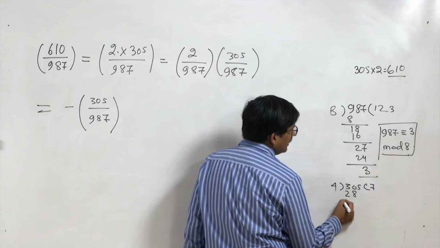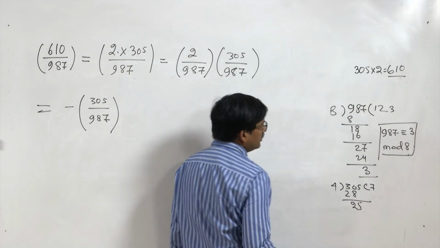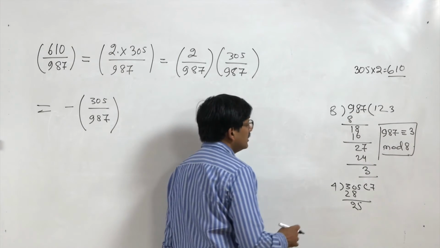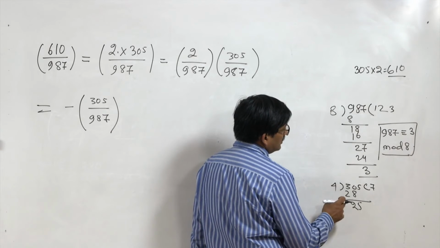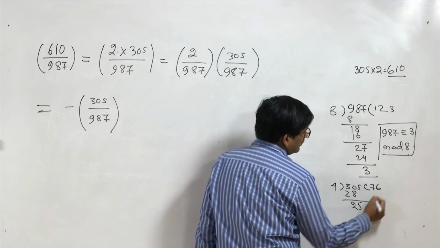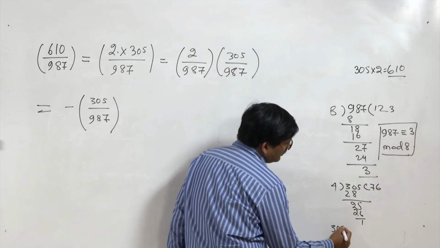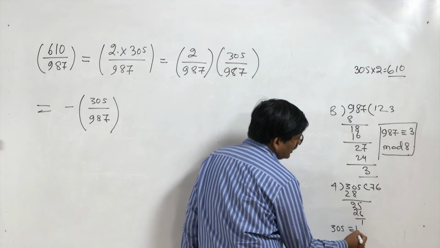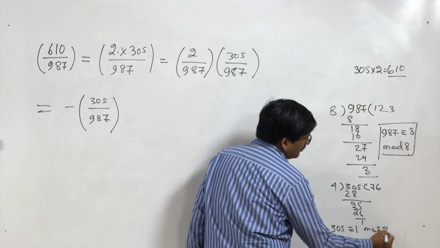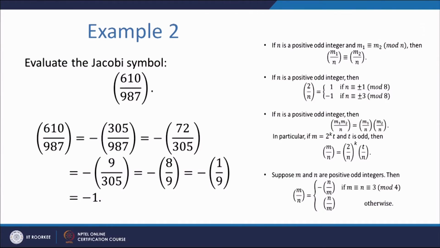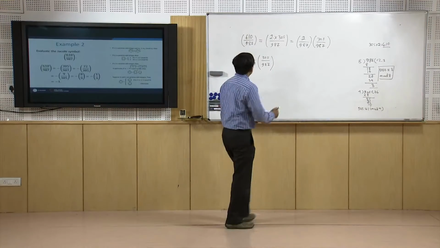We have 76 and remainder 1. So, therefore, 305 is congruent to 1 mod 4. So, 305 is not congruent to 3 mod 4. Therefore, we come to this case, and I know that I can switch over without change of sign, and that is what we are doing now.